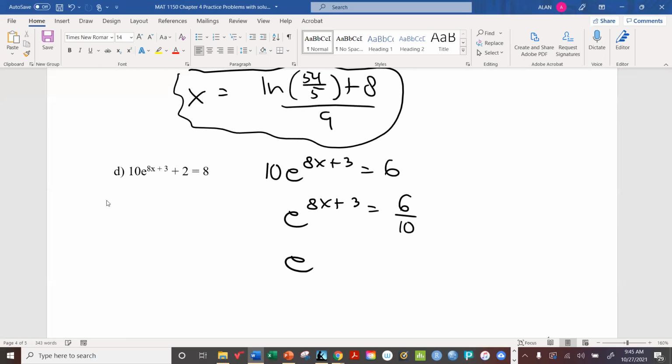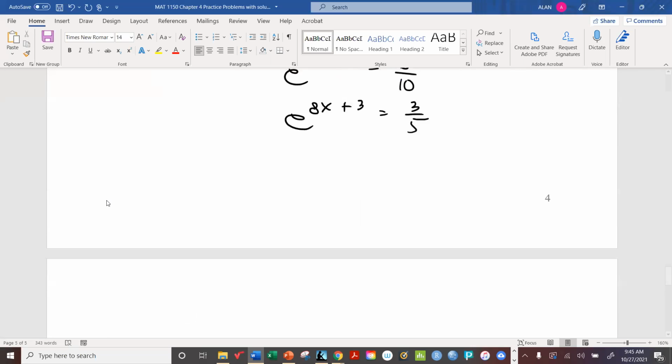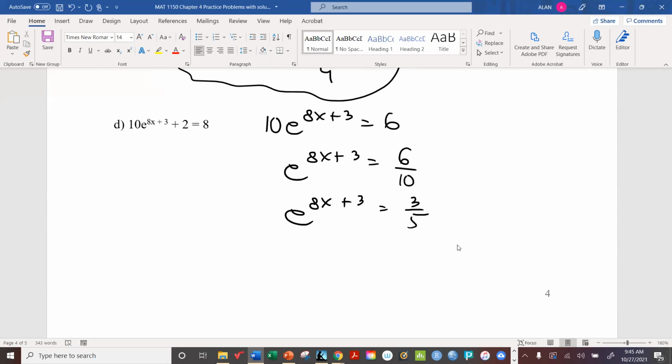Of course, we can simplify that. Now we find we can apply the natural logs. And so we end up with, whoops.